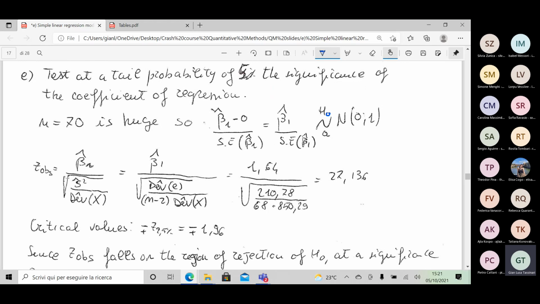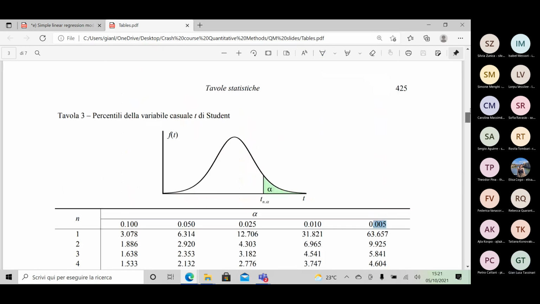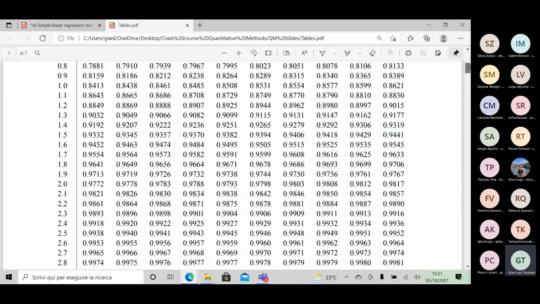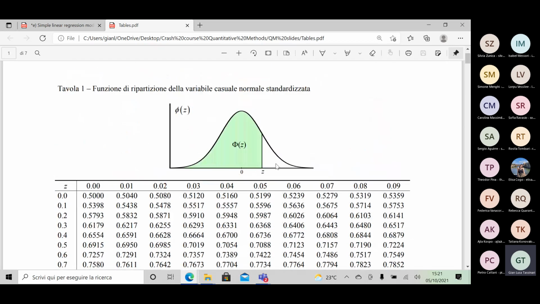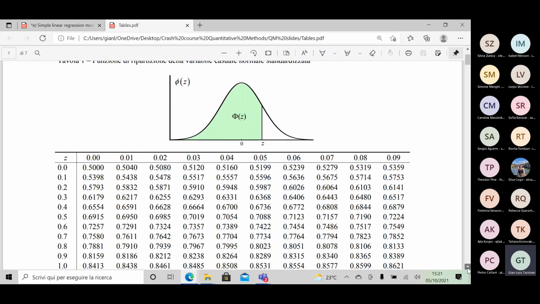So alpha, the significance level, is 5%. So alpha over 2 is 2.5%. Again, take the table, in this case of the theta. You have to find the value of the theta such that this white area is 2.5%, that is, the green area is 97.5%. So again, we did it so many times with this number.